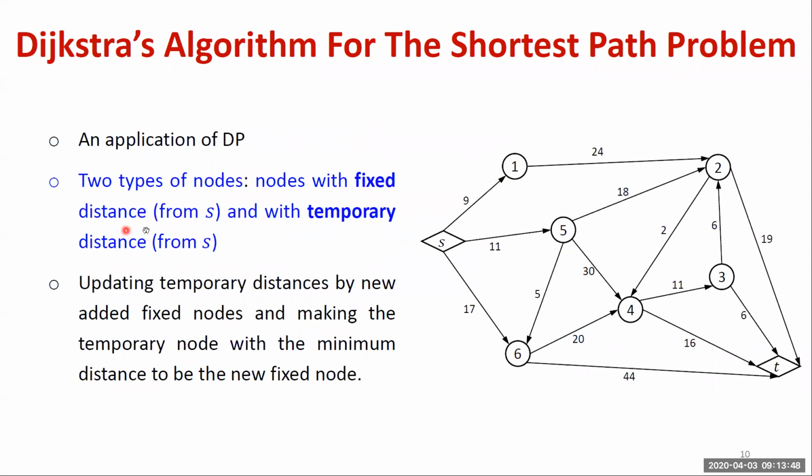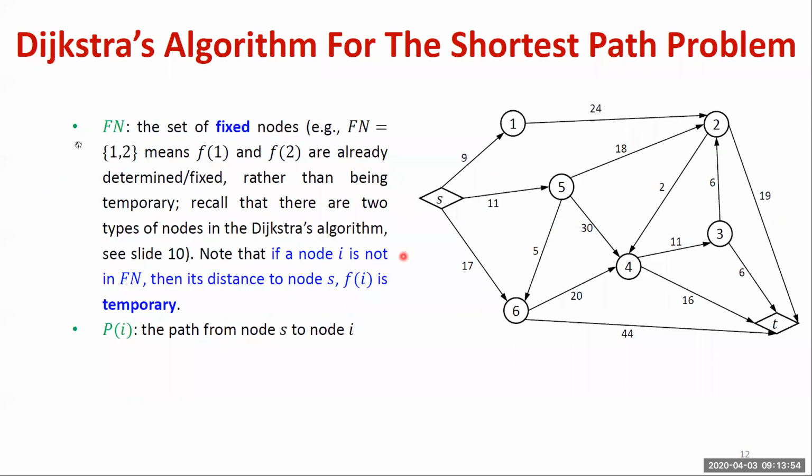First is nodes with fixed distance from S, and second is nodes with temporary distance from S. So Fn records the nodes of fixed distance from S. Clearly, if a node is not in Fn, is not fixed, then the node's distance to S is temporary, and we use Pi to record the path from node S to node I. It doesn't matter whether this I is fixed or not, and we will see later.